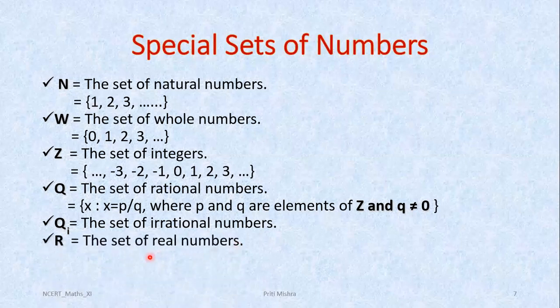Then we have the set of real numbers, denoted by capital R. At the last, we have the set of complex numbers, and we denote this set by capital C.